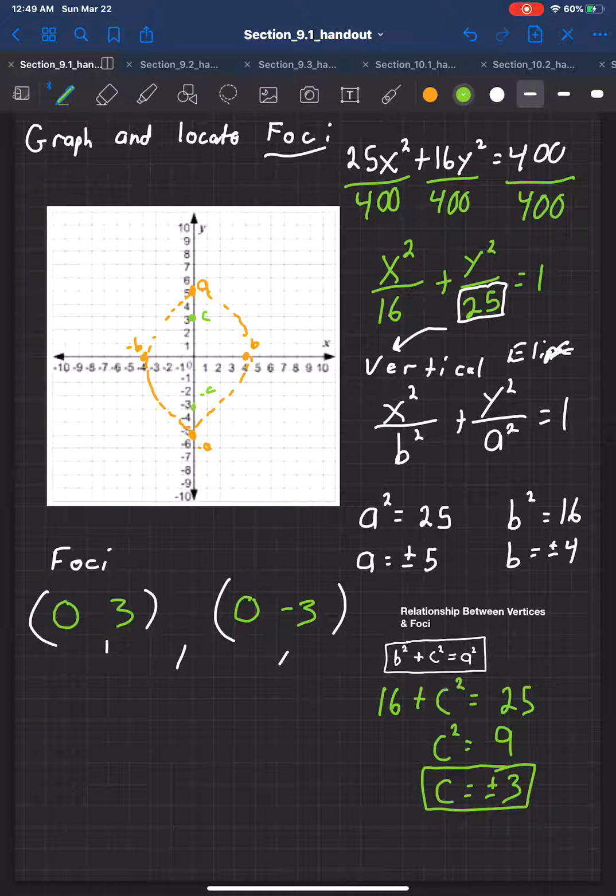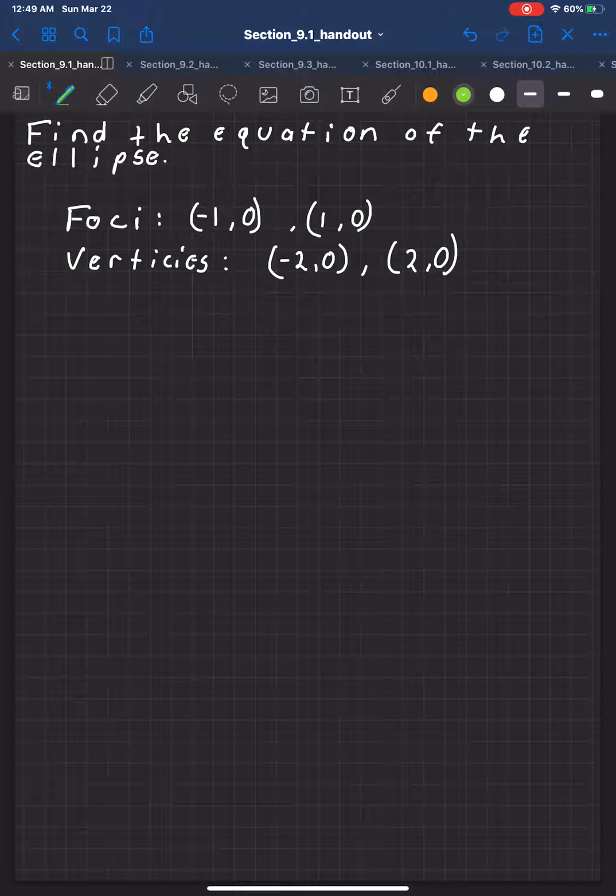Now, there's really only two flavors, two types of questions that I'm going to ask. Are you listening? Either I give you the equation and ask you to find the focal points or the vertices or ask you to graph it, or I give you some information and ask you to find the equation.